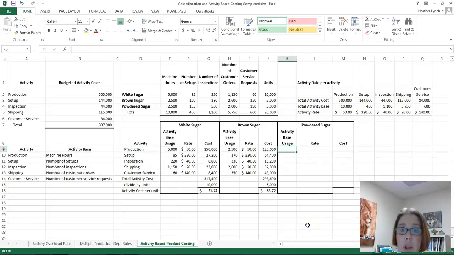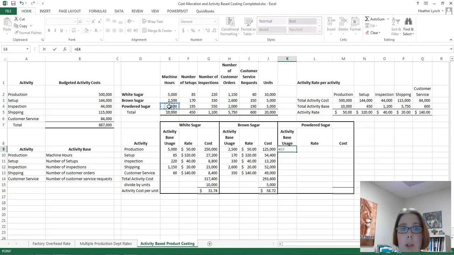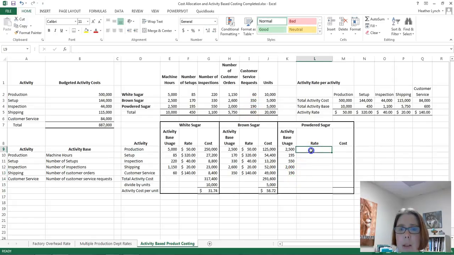Let's look at powdered sugar. Again, this is our usage that we had. So then I can just go down the line of the 195, 550, because we specified what it's amounting to. Our rates, same process that we just did for white sugar and brown sugar.